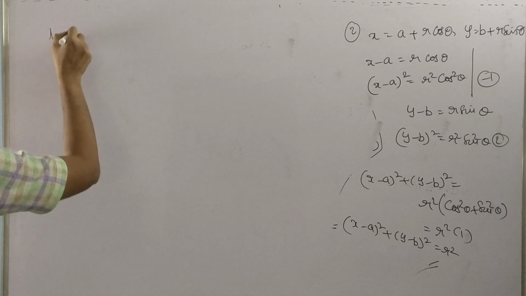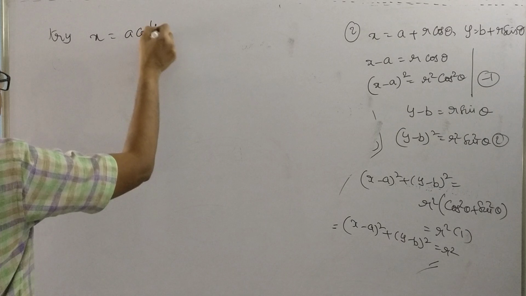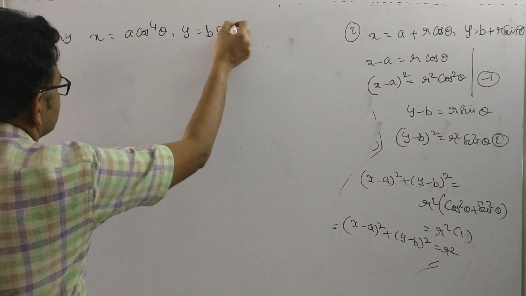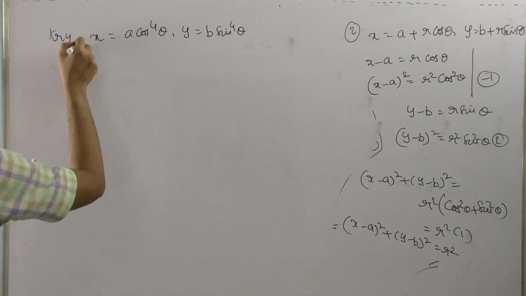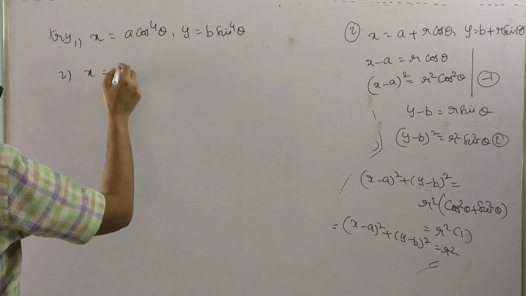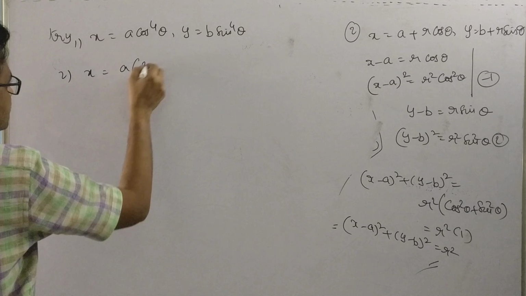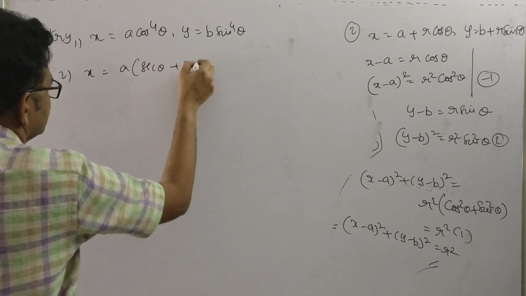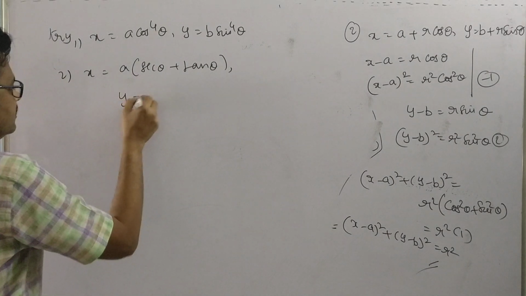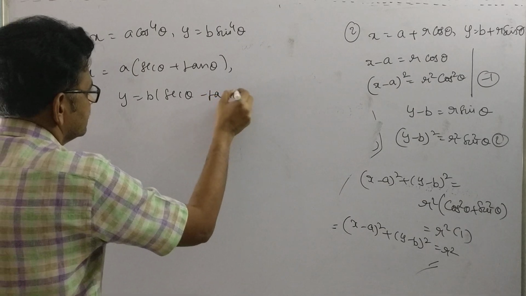And to try some problems: x is equal to a cos power 4 theta, y is equal to b sin power 4 theta. x is equal to a into secant theta plus tan theta, and y is equal to b into secant theta minus tan theta.